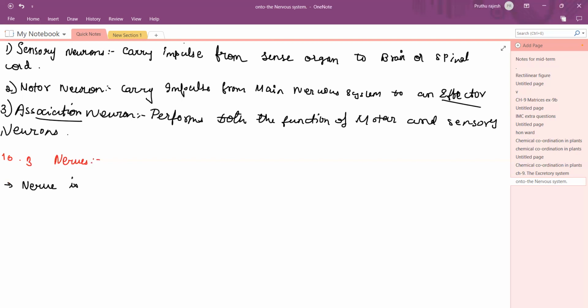A nerve is a bundle of nerve fibers, mainly axons of separate neurons.